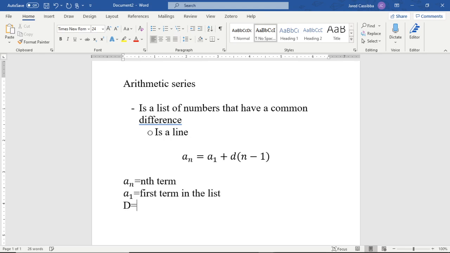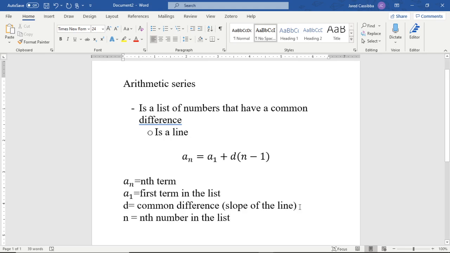And the d, in the lowercase, is the common difference between each number in the list, or the slope. It is also the slope of the line. And then the n is just what number you're looking for. So a_n is the nth number in the list.